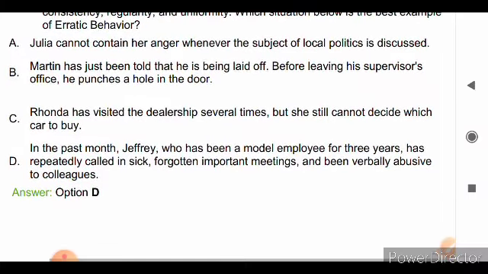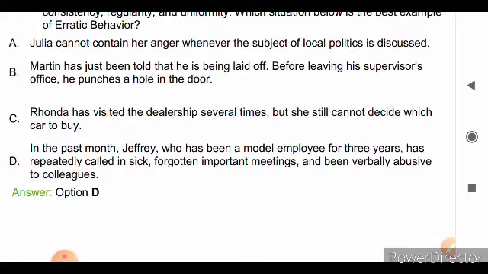Julia cannot contain her anger whenever the subject of local politics is discussed. Martin has just been told that he is being laid off. Before leaving his supervisor's office, he punches a hole in the door. Rhonda has visited the dealership several times, but she still cannot decide which car to buy.